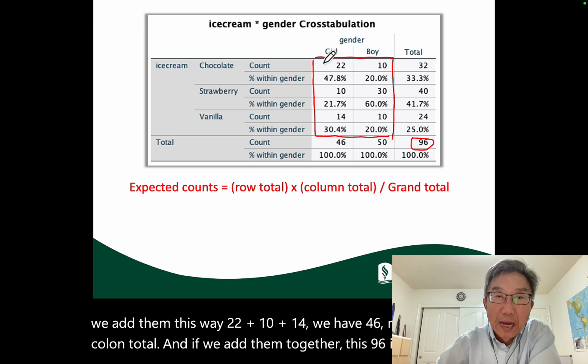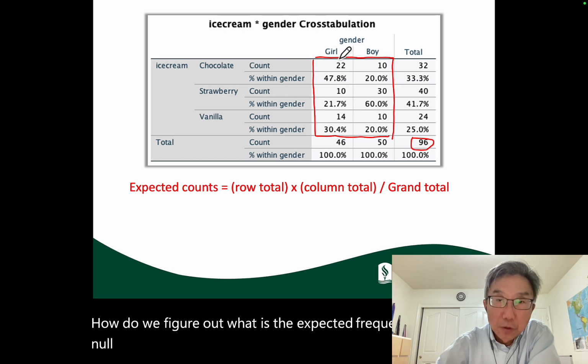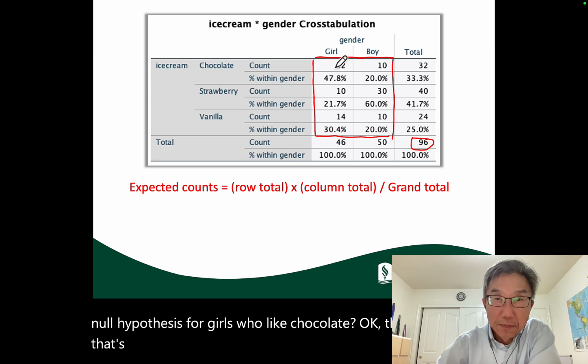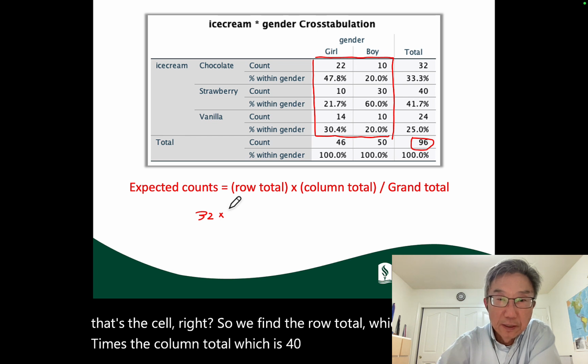So for example, how do we figure out what is the expected frequency under the null hypothesis for girls who like chocolate? Okay, that's easy. So that's the cell, right? So we find the row total, which is 32, times the column total, which is 46.